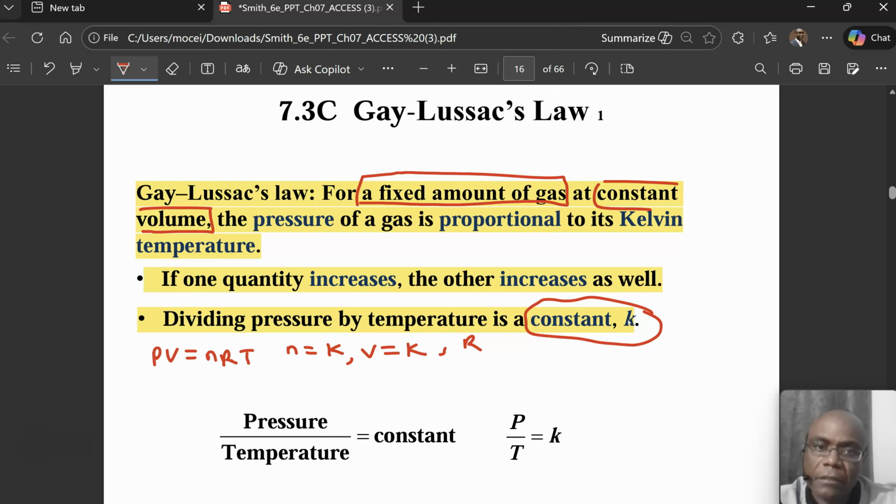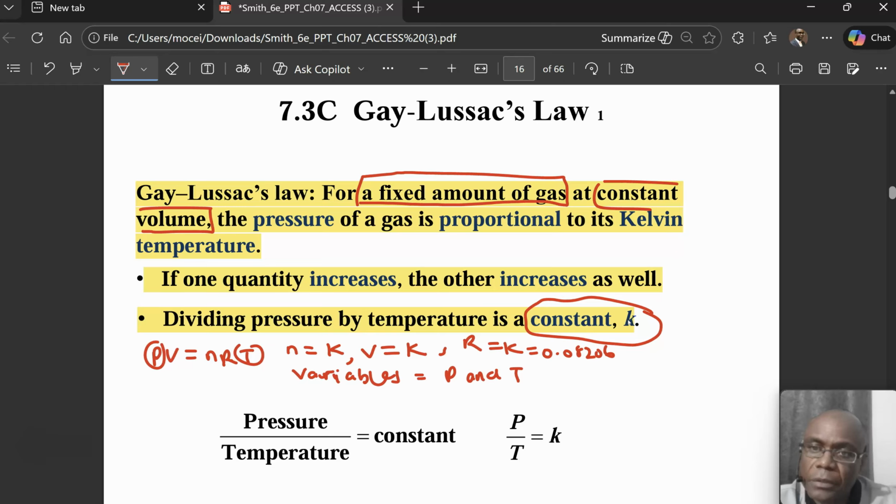Okay, so R is a constant anyway. Usually it's 0.08206. So what you are varying, the variables here, are pressure and temperature, T. So pressure and temperature are variables.